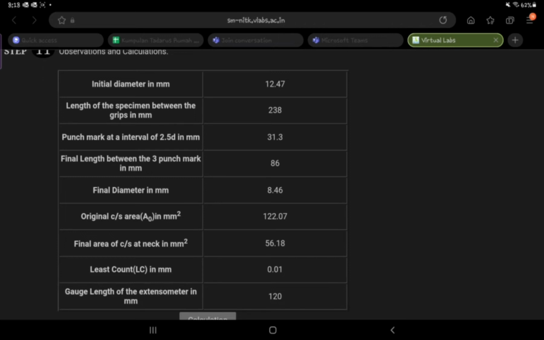Original CS area in mm is 122.07. Final area of CS at neck in mm is 56.18. Least count LC in mm is 0.01. Gauge length of the extensometer in mm is 120.